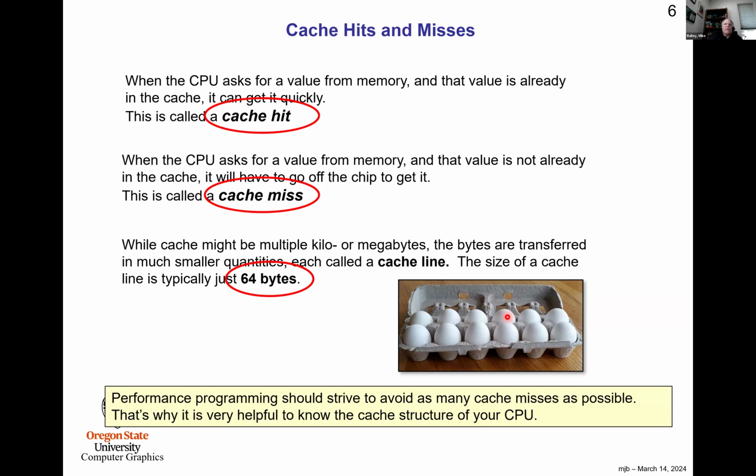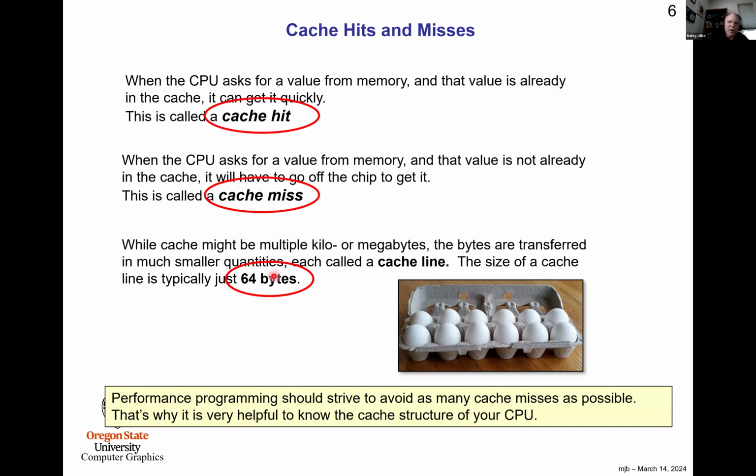I might need four the day after that, and so on. And that way I've got them and don't have to make the laborious trip to the grocery store. So when you ask for a value from memory, the cache mechanism doesn't just bring in that value, it brings in a bunch of values around it. Okay, and that's called a cache line.